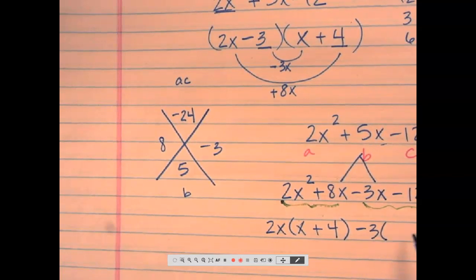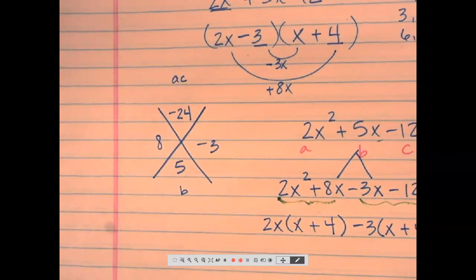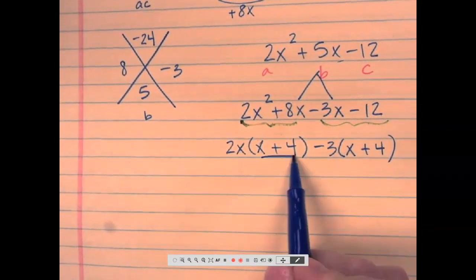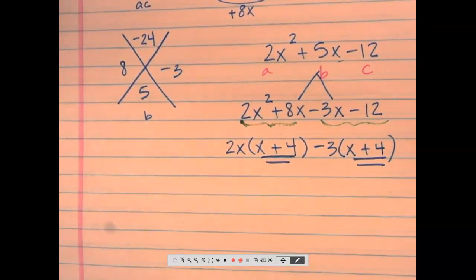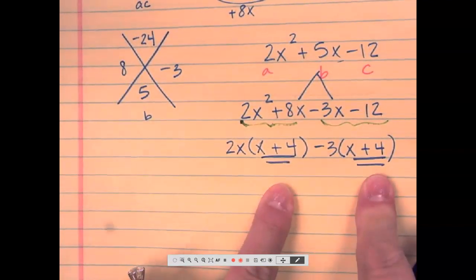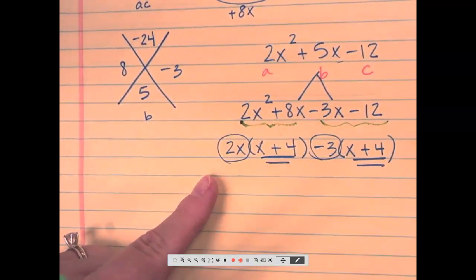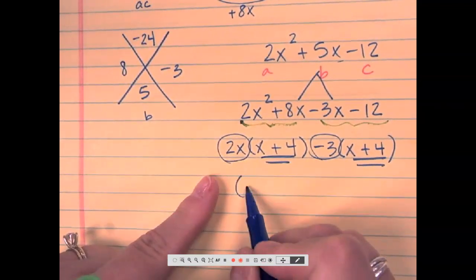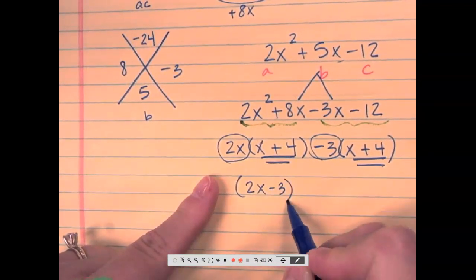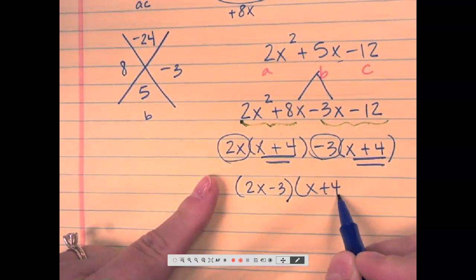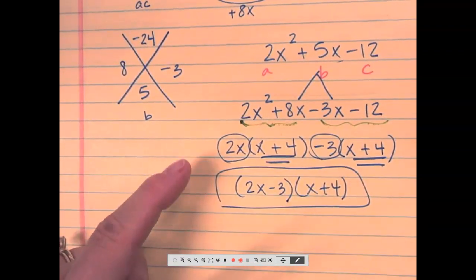Negative 3 times x plus 4. Okay, this should be the same. And that is one of your factors. And the other factor is this combined with that. So I have 2x minus 3 and x plus 4. Those are my factors.